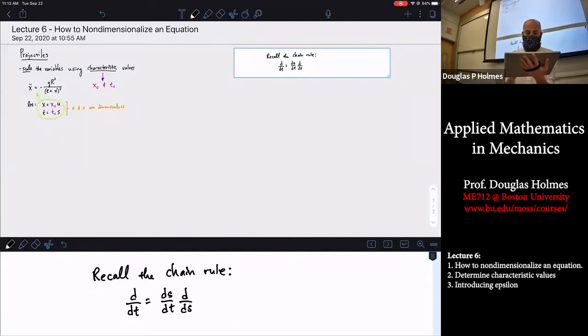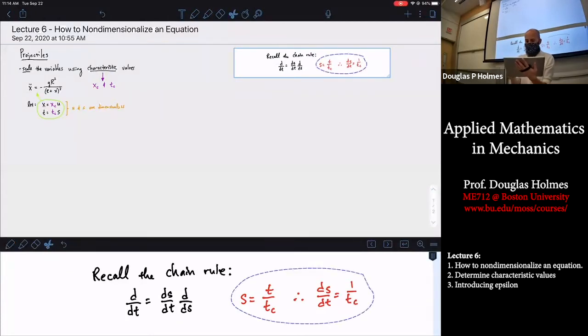So let's take a second here. s is equal to t over tc. Therefore, ds by dt is simply equal to 1 over tc.